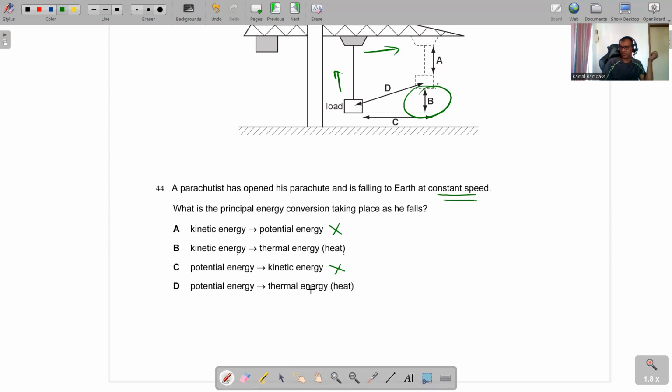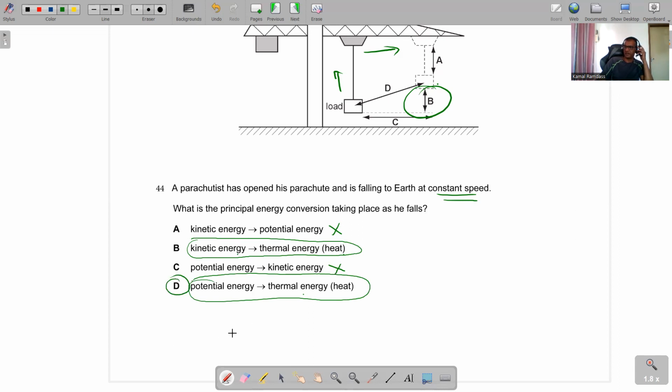Kinetic energy becomes thermal energy? Potential energy becomes thermal energy? Kinetic energy cannot change, meaning there is no loss in kinetic energy. The potential energy becomes thermal energy. And that is answer D.